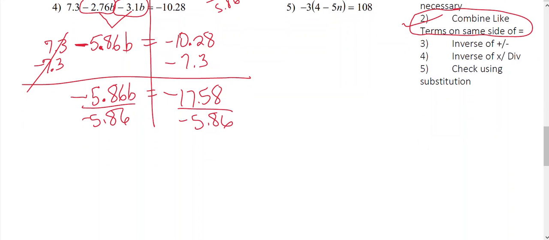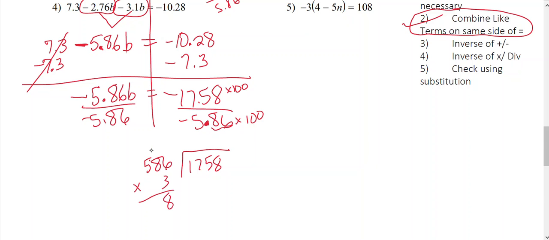When I divide 1758, because I need to multiply by 100 so that my divisor does not have a decimal. So I'm going to multiply by 100 to make that 586. 586 times 3 is 1758.